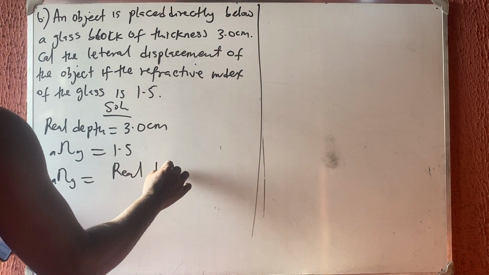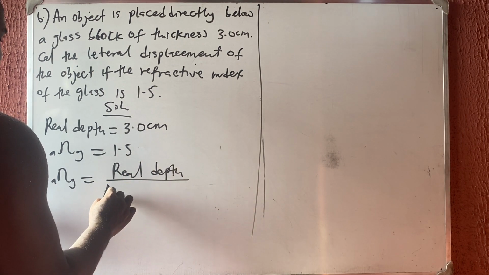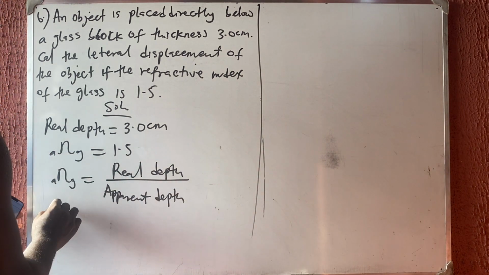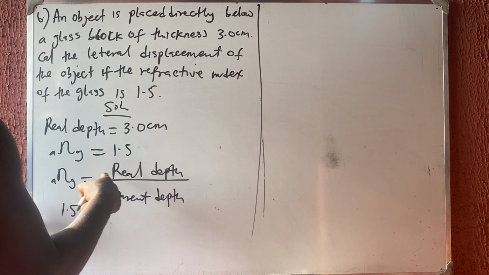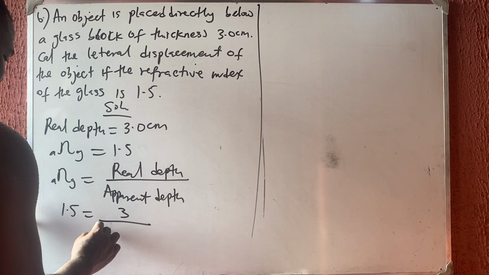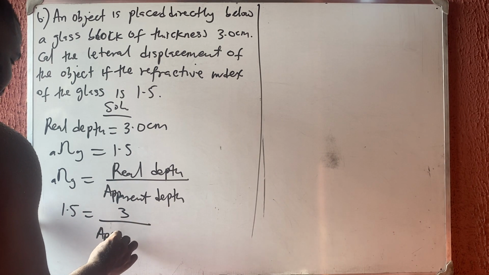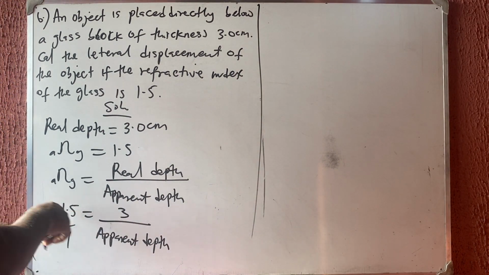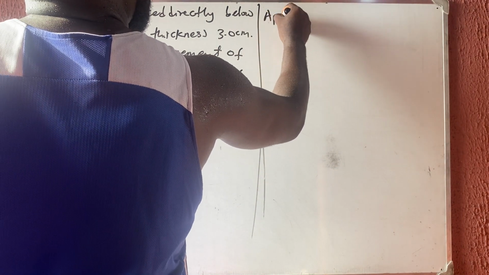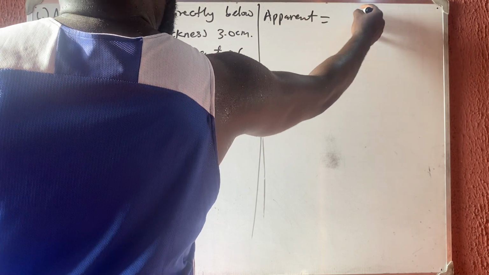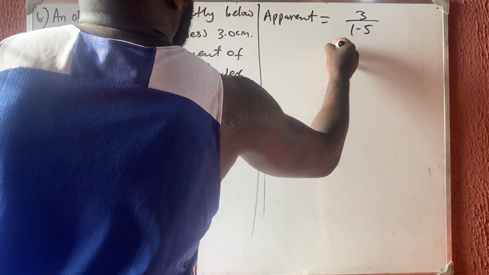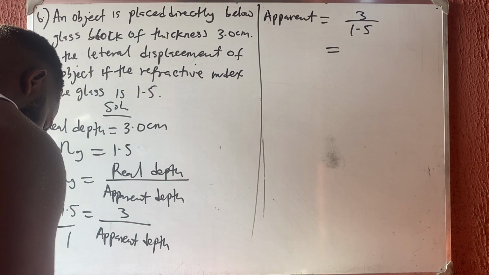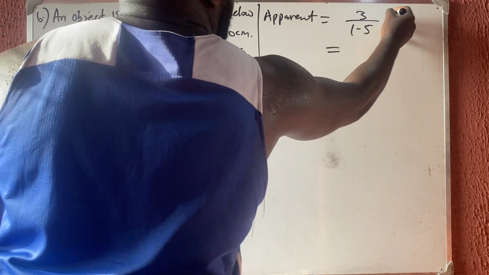So 1.5 is equal to the real, which they gave us as 3, divided by the apparent. If we cross multiply, the apparent is equal to 3 divided by 1.5, so it's going to be 2.